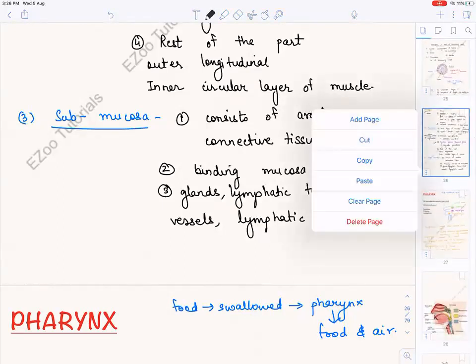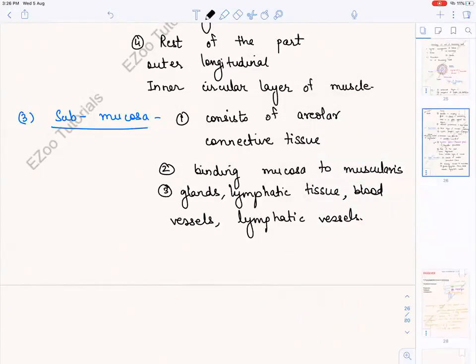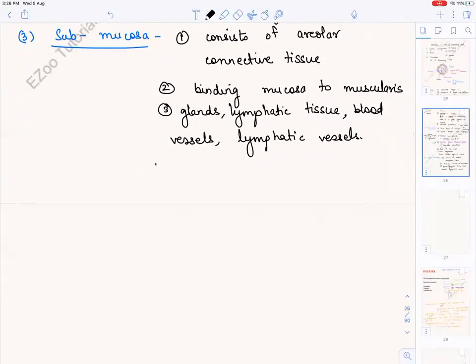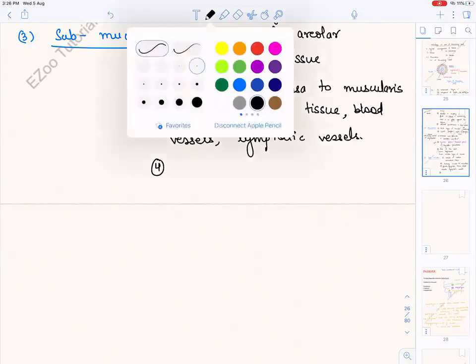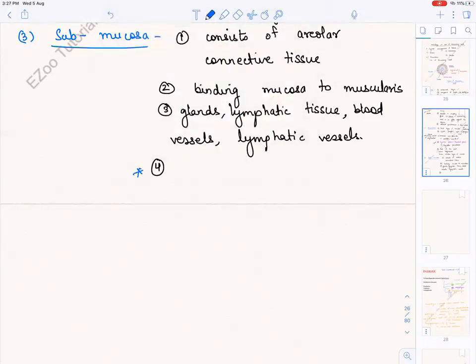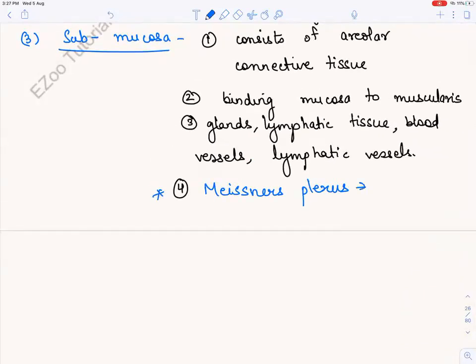And what else can we study about submucosa? Remember, in muscularis there was a myenteric plexus. In submucosa, there is a Meissner plexus. It is an important thing to remember, because generally questions are not asked on general things. They are asked on some kind of exceptions or some different things, right? So what do you need to remember about Meissner plexus?